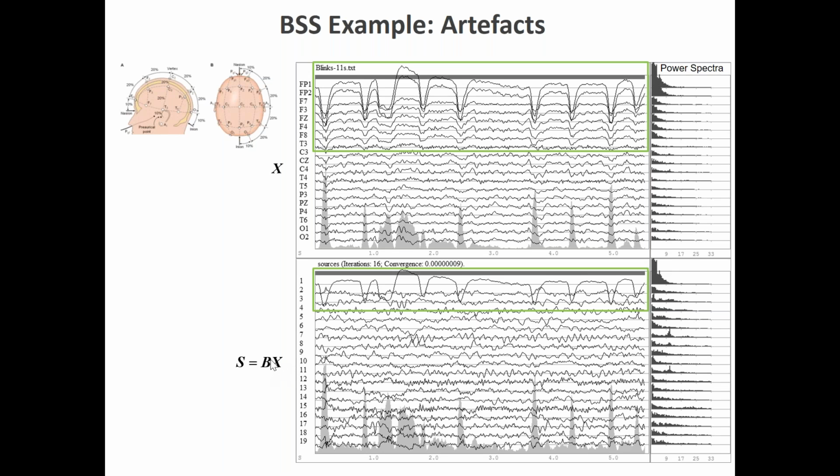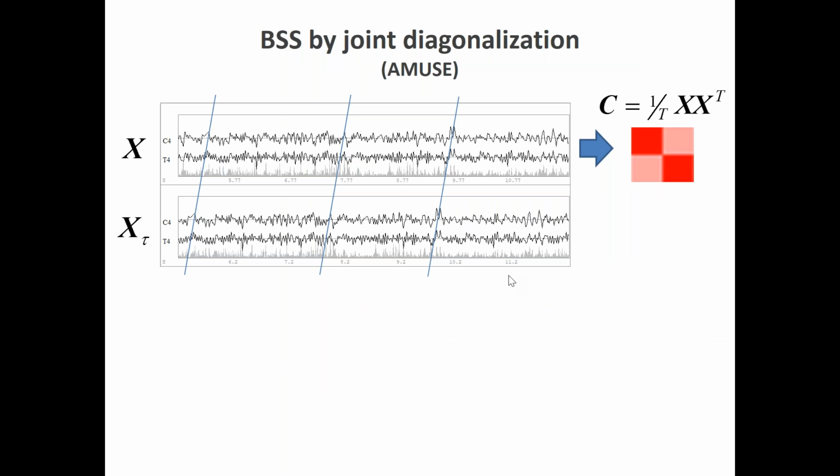So remember, we want to estimate this matrix B. Once we have it, we do the product and we get our sources, okay? So how do we do that? There are many methods, but one of these is very simple. So here you have some data, to make it simple, just 2 electrodes. Again, we compute the covariance matrix. We have already seen that. And remember, we compute the eigenvalue eigenvector decomposition, and we compute this whitening matrix.